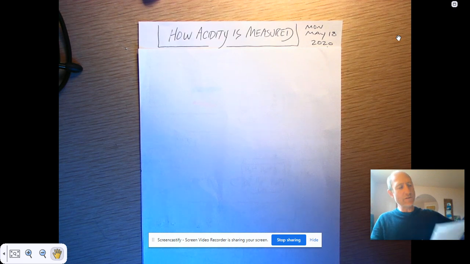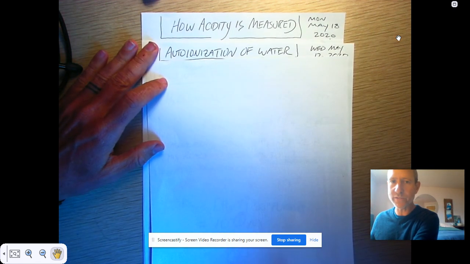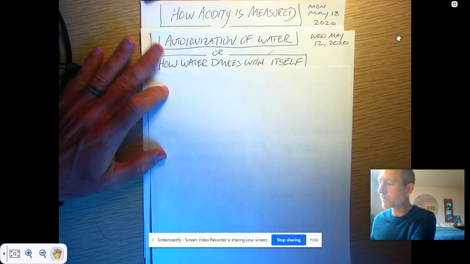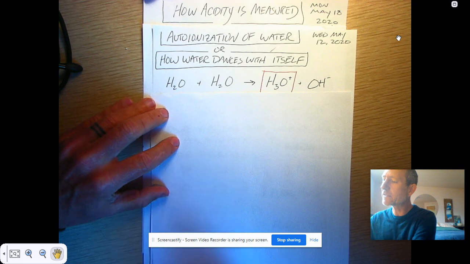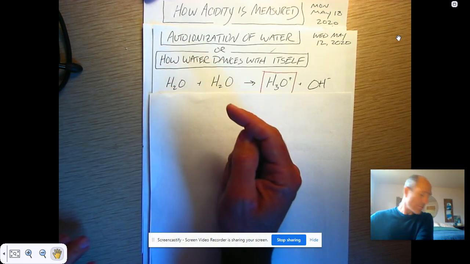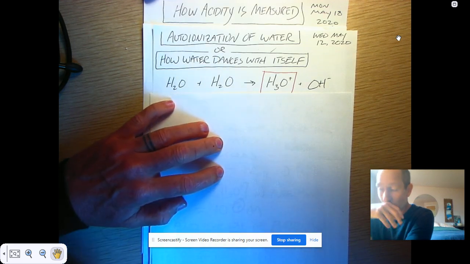Before we do that, let's just review what we did last time, which was the auto-ionization of water, which is water dancing with itself. In that case, we have two water molecules, and one water molecule steals a proton from another water molecule.